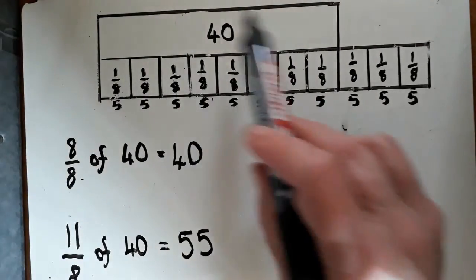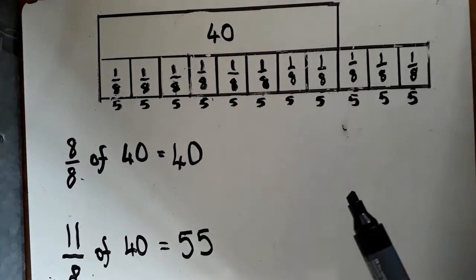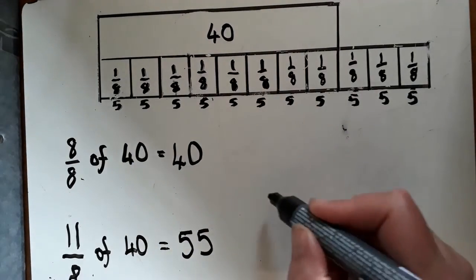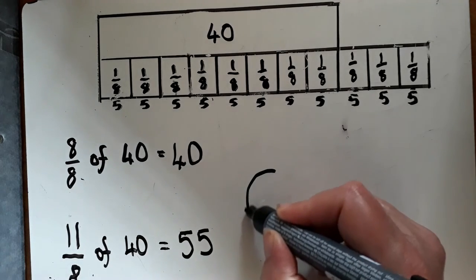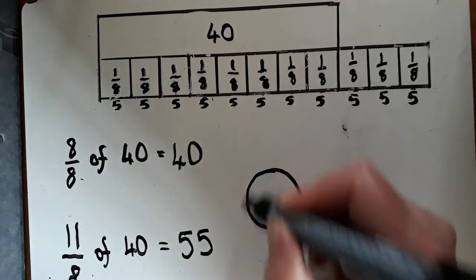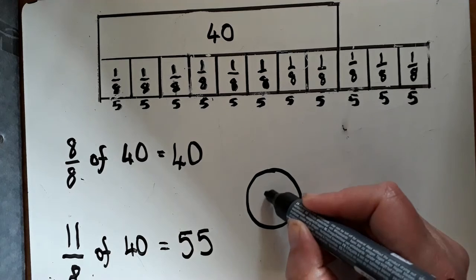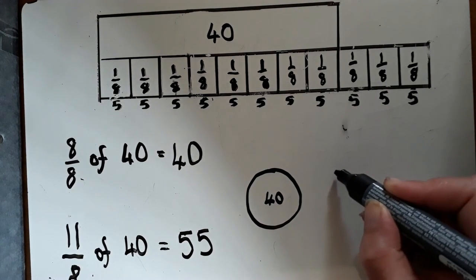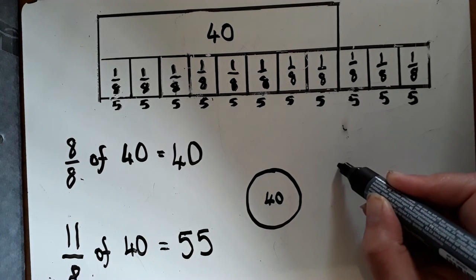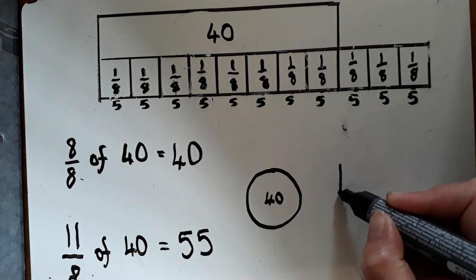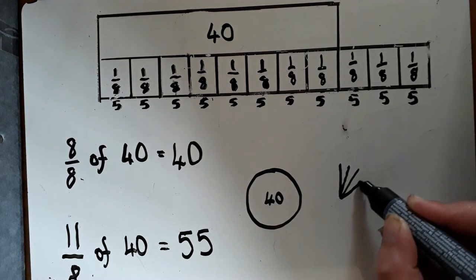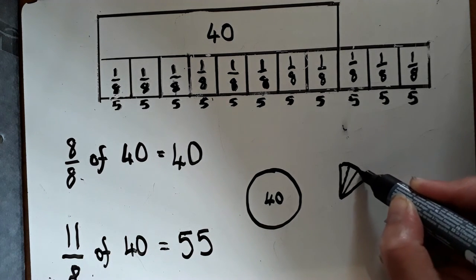It's like having a whole 1 and 3/8. If I drew it quickly like this, a whole 1, which is worth 40, and then 3/8.